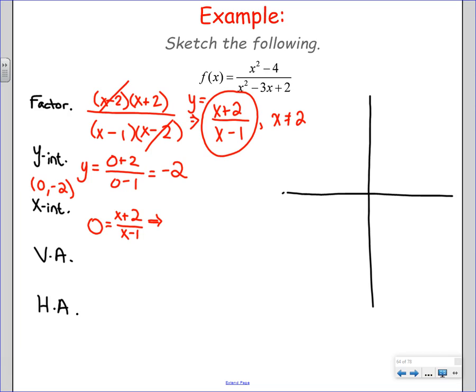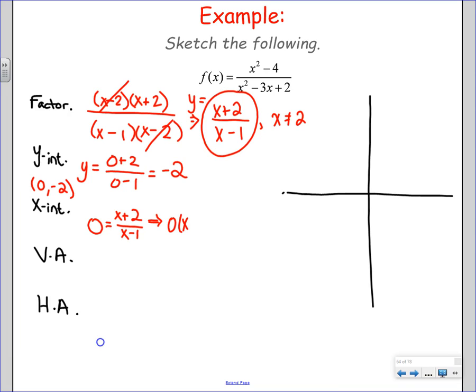I'm going to do my work over to the side because I don't really have a lot of down room. How do I get x alone? Algebra would say I have to multiply the denominator on the other side. But guys, what happens when I multiply 0 times anybody? 0.